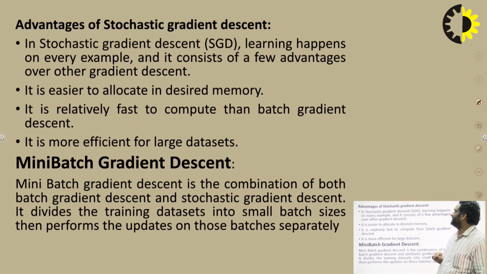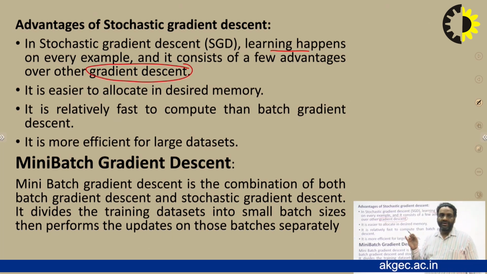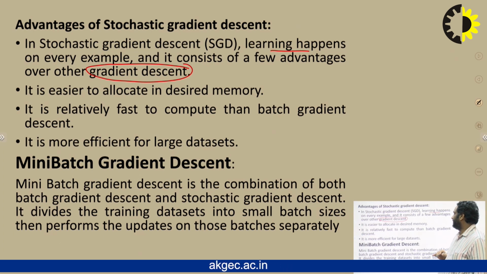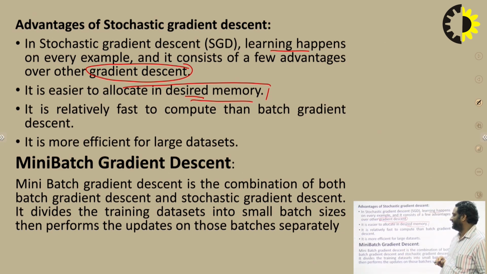Now, these are the advantages of stochastic gradient descent. First, learning happens on every example, and it has a few advantages over other gradient descents. Every data point will be treated like a new example. It is easier to allocate in desired memory. This is the main advantage of stochastic gradient descent. Next, it is relatively fast to compute compared to batch gradient descent.